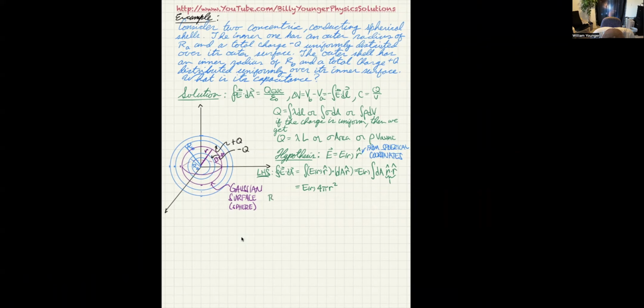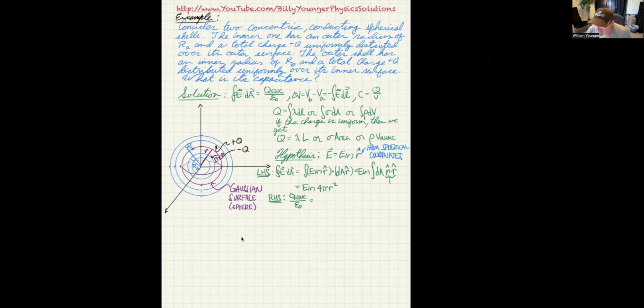The right-hand side of Gauss's law is Q enclosed over epsilon naught, and as we told you before, we can use Q equals the integral of lambda dL, or sigma times the integral of dA, or rho times the integral of dV.